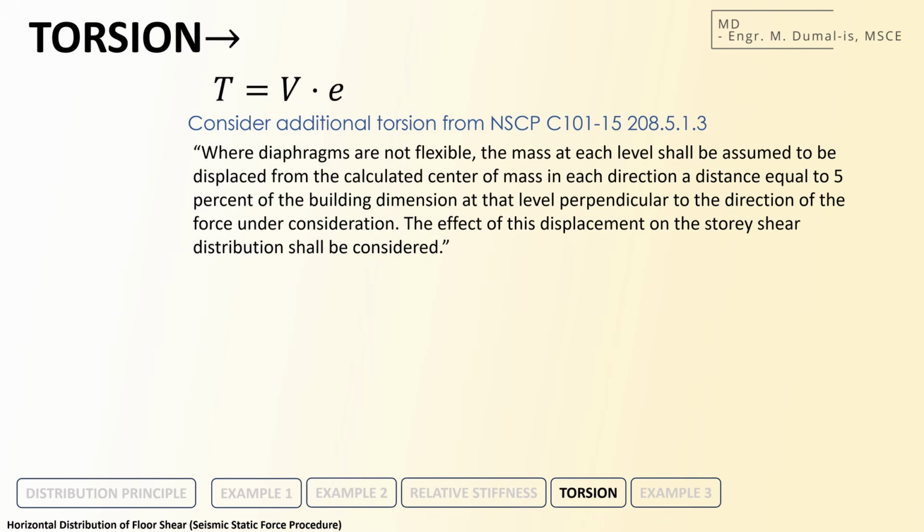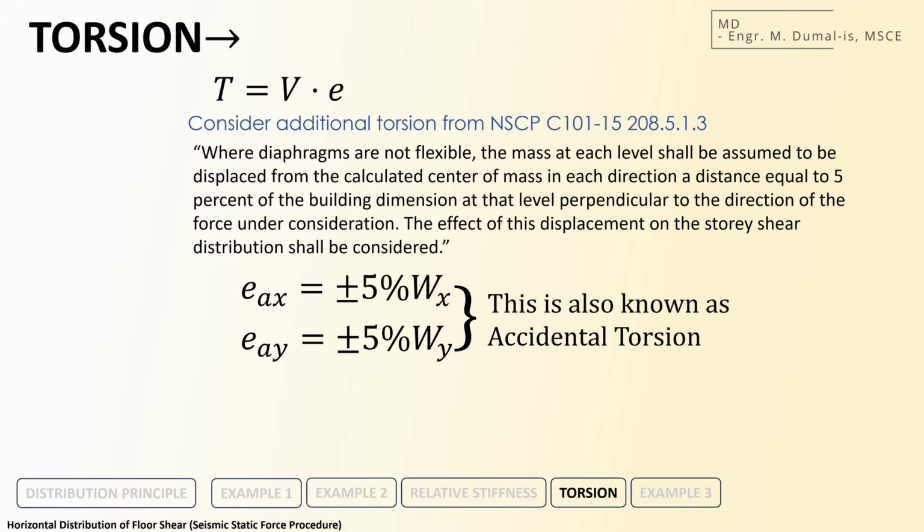Aside from natural torsion, the code also mentions additional torsion. The code states that, where diaphragms are not flexible, the mass at each level shall be assumed to be displaced from the calculated center of mass in each direction, a distance equal to 5% of the building dimension at that level, perpendicular to the direction of the force under consideration.